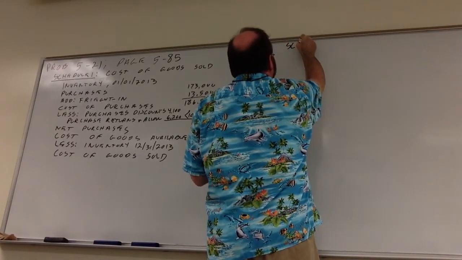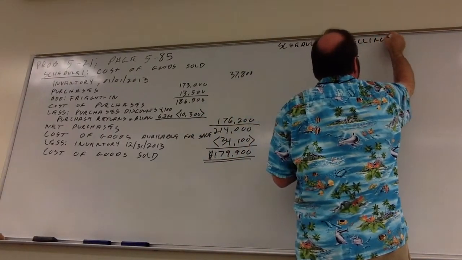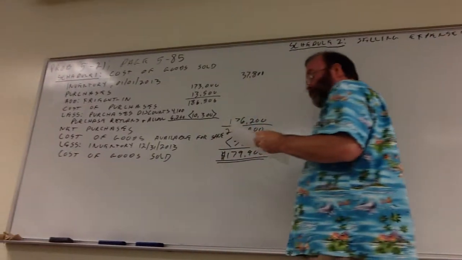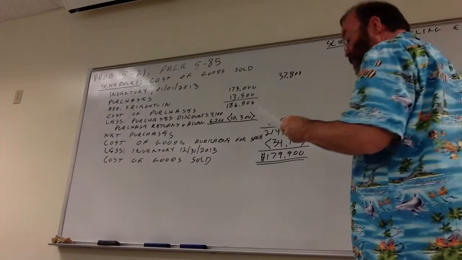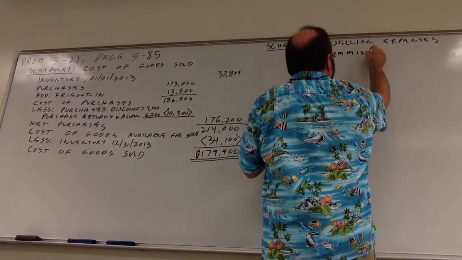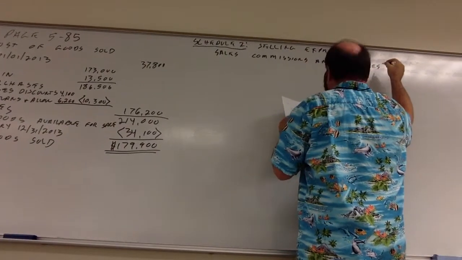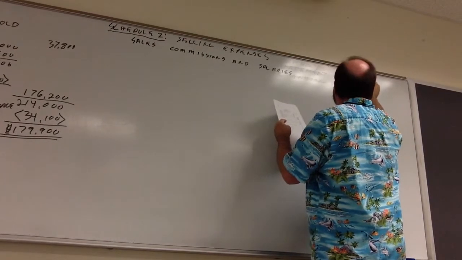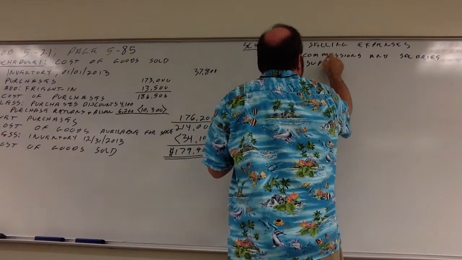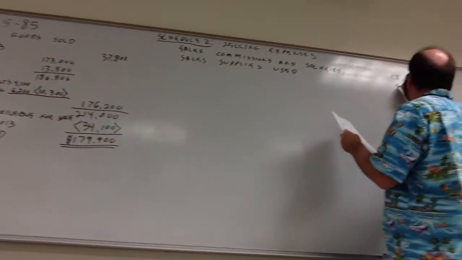Schedule 2. Selling expenses. We have sales commissions and salaries, $18,200. We have sales supplies used of $5,600.